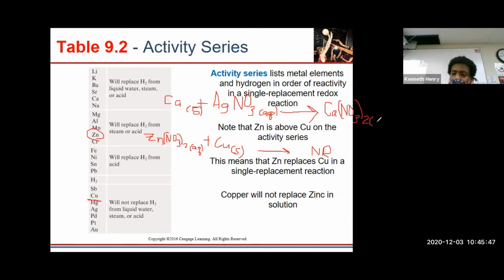Solid, liquid, gas, or aqueous? Aqueous. And Ag, we know that's solid, right? Yeah. Piece of cake?